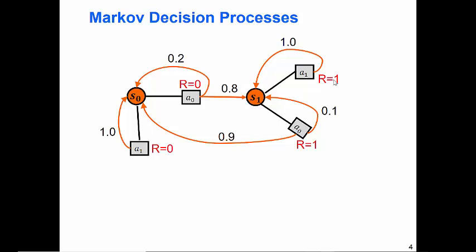Now that we have these rewards and these transitions, what is the objective? Intuitively, it's to take actions that are going to accumulate lots of reward over time, but you have to specify that more precisely. And we'll wait to do that in a little bit.